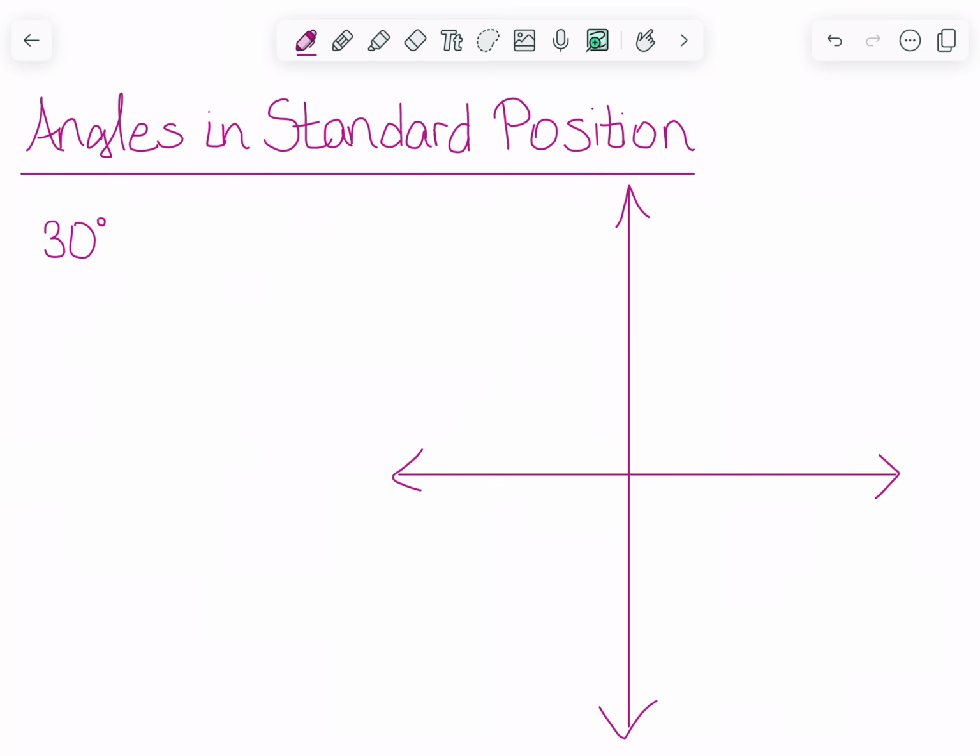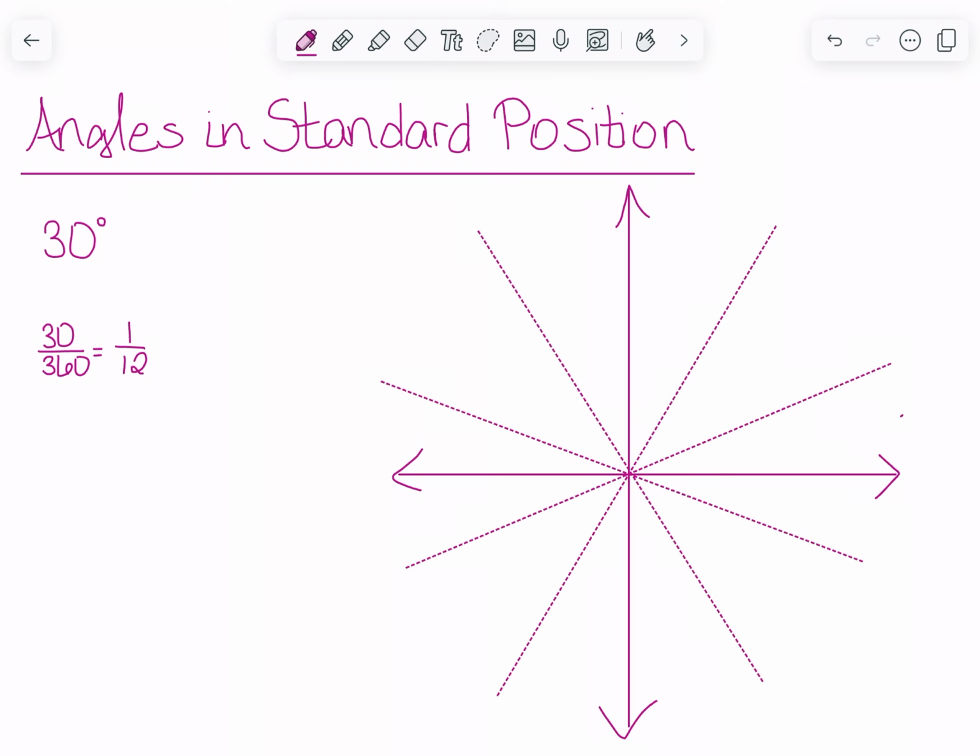Let's suppose we want to draw an angle of 30 degrees in standard position. Our first step, since we know a full circle is 360, is to divide by 360. 30 over 360 is 1/12. So now, I want to use that 12 in the denominator to break my plane up into 12 equal pieces. We can see that done here.